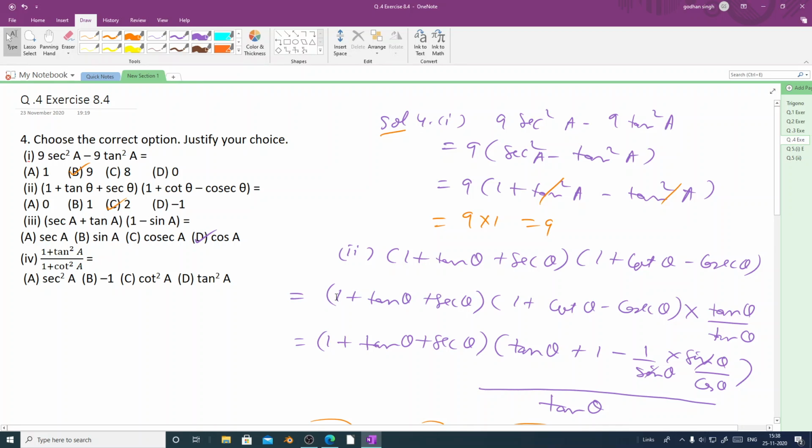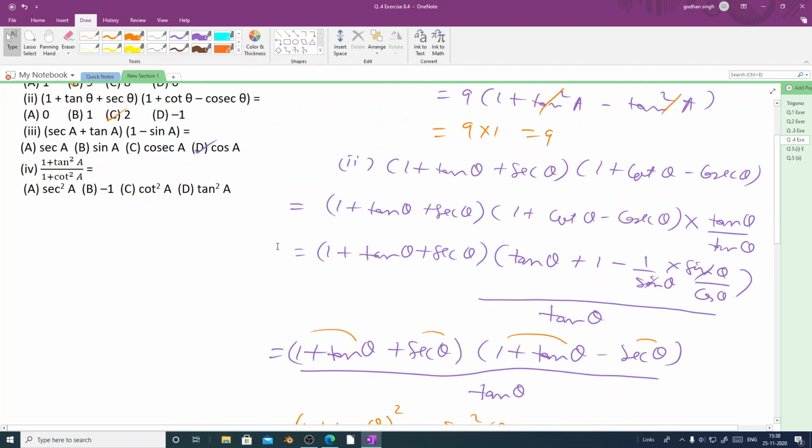Now let us do question number 4, fourth part. It is 1 plus tan square a over 1 plus cot square a. What is 1 plus tan square a? That is sec square a. What is 1 plus cot square a? That is cosec square a.